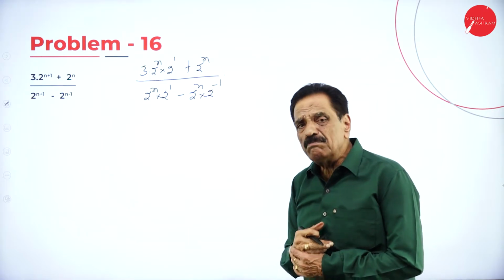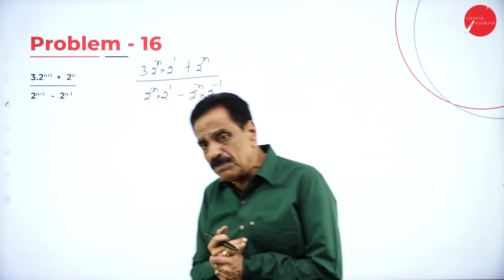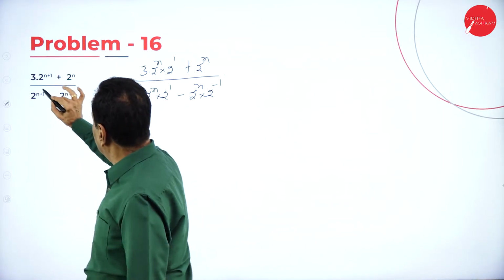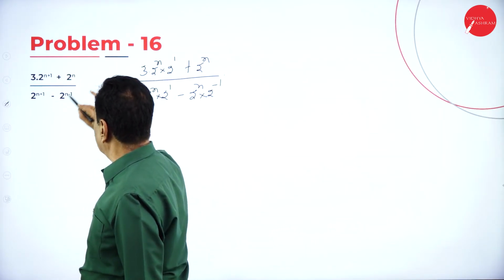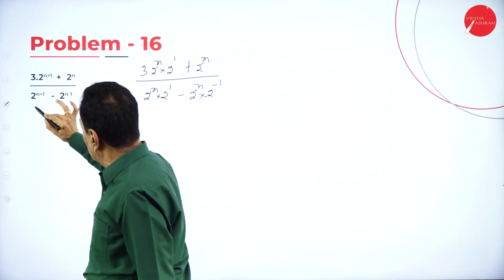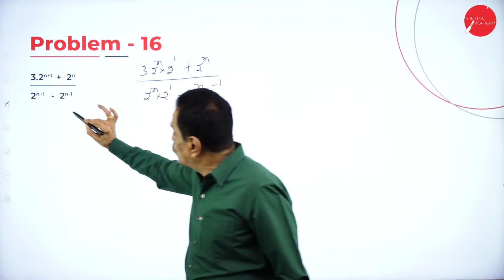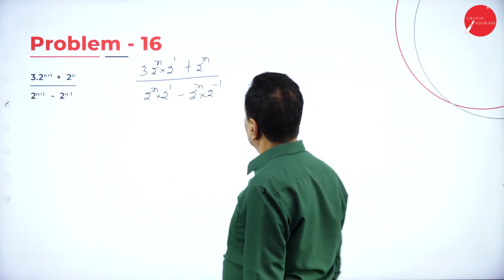When the plus and minus signs are given in the problem, take the LCM, that is a procedure. What I have written here: 2 to the power of n, 2 to the power of 1 plus 2 to the power of n, 2 to the power of n, 2 to the power of 1 minus 2 to the power of n, 2 to the power of minus 1.